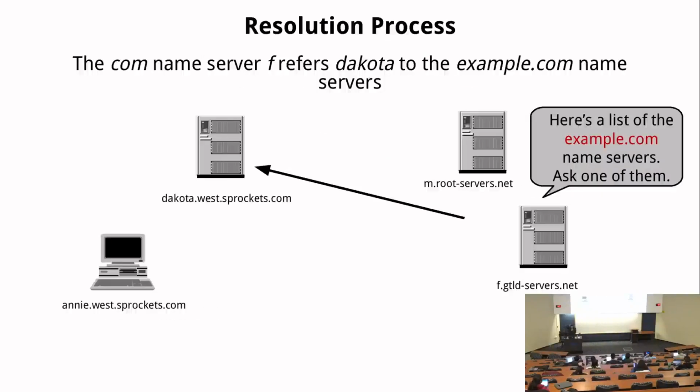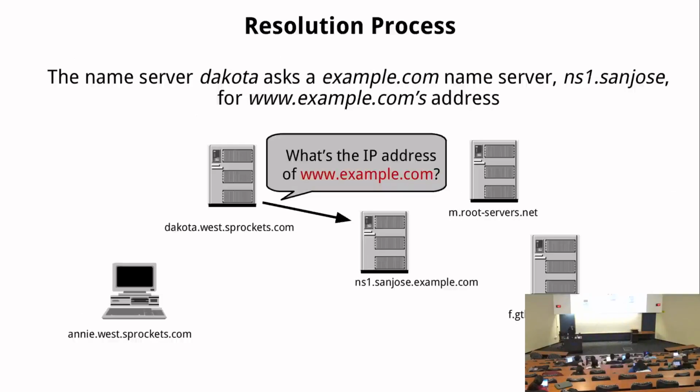Then this server will say, I don't really know, but I know a lot of other name servers, and they may know who is example.com. Return that list to Dakota. Then Dakota will try to contact those name servers.